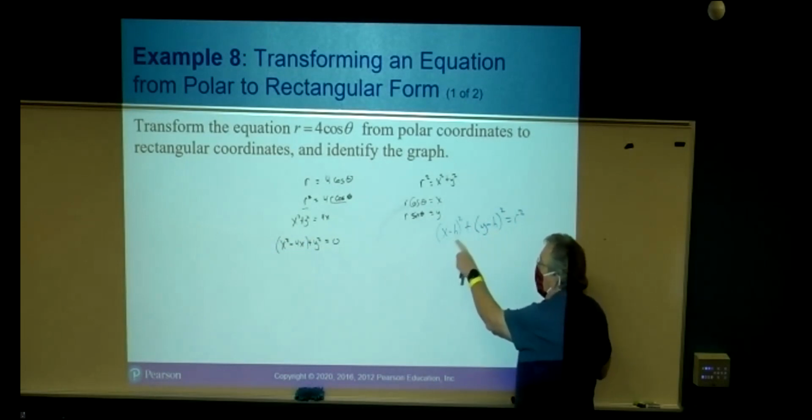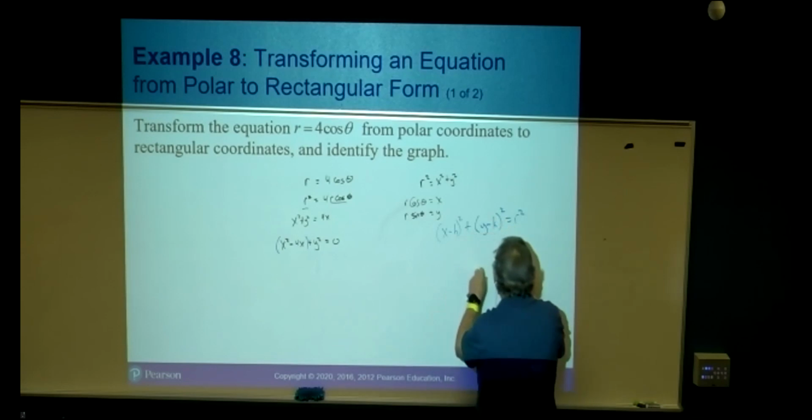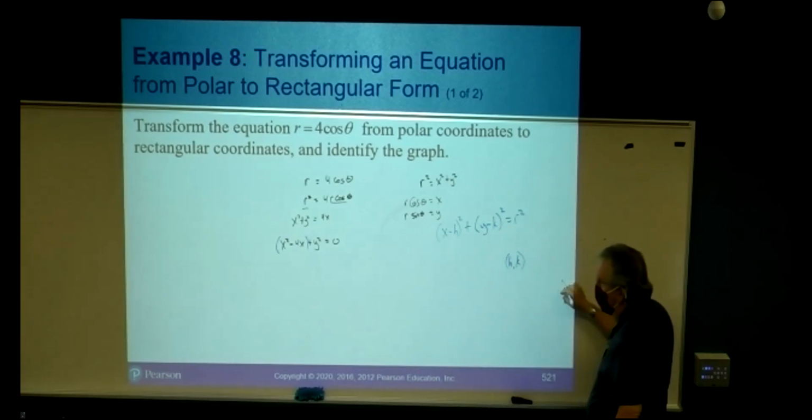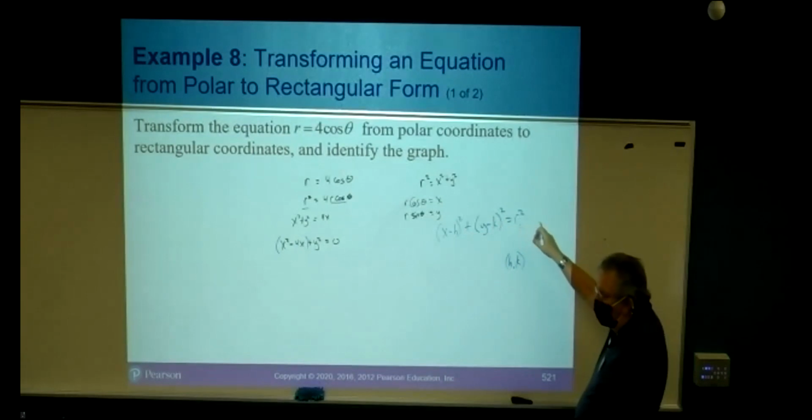So I actually, that's a k, not an h. Because that gives the center of the circle h, k. And whatever r squared is over here, you take the square root of it, that gives you what r is.